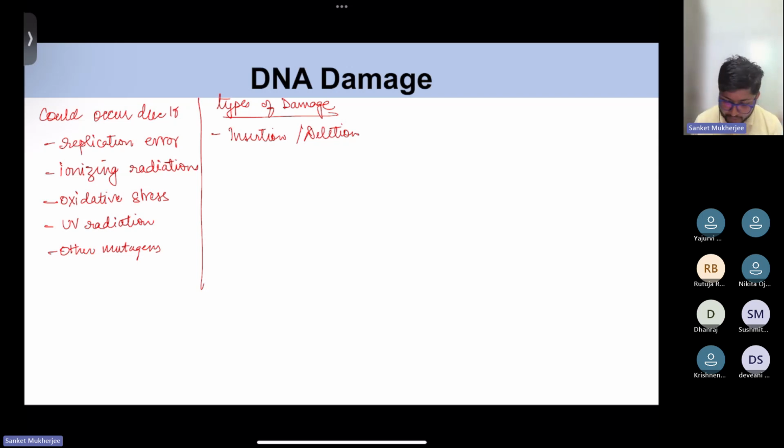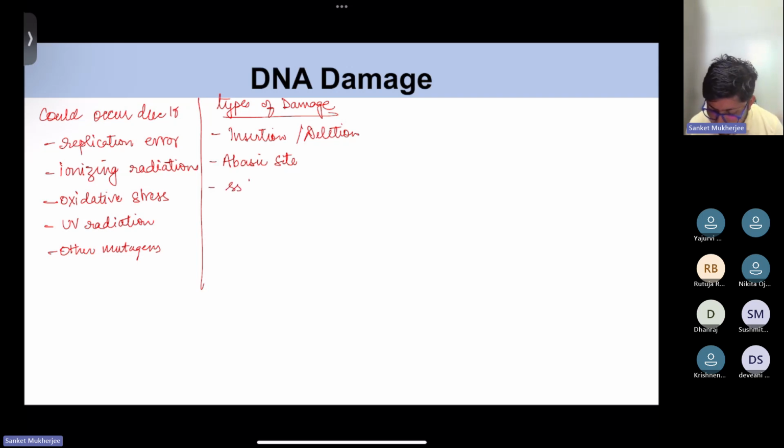There could be abasic sites. If you remember the structure of DNA, it contains a ribose sugar, a phosphate backbone, and a nitrogen base. Now if this nitrogen base is removed, we call this kind of damage an abasic site, right? But the rest of the DNA backbone remains. So this is one kind of damage.